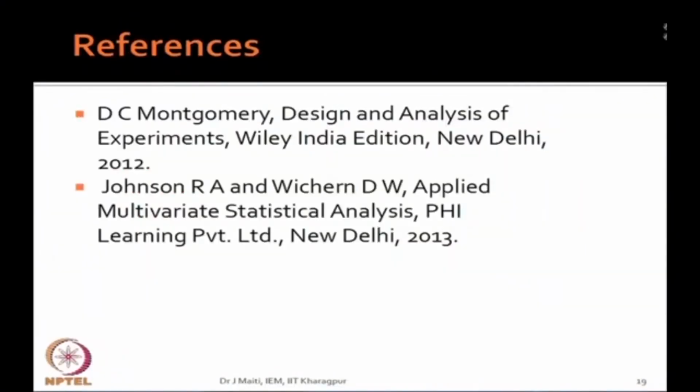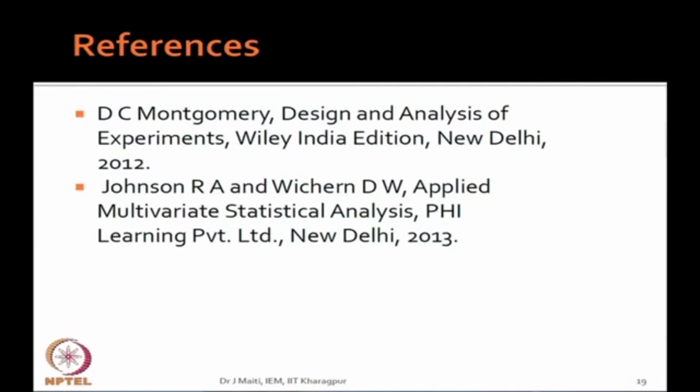And for ANOVA, I suggest you follow D.C. Montgomery, Design and Analysis of Experiments. This is the best book I have read in terms of ANOVA. A large number of real life examples are given. And if you know ANOVA, MANOVA will be an extension to the multivariate domain.